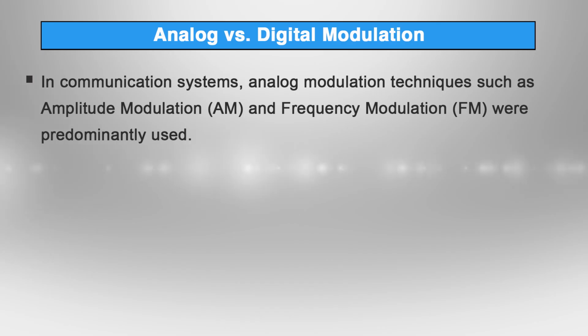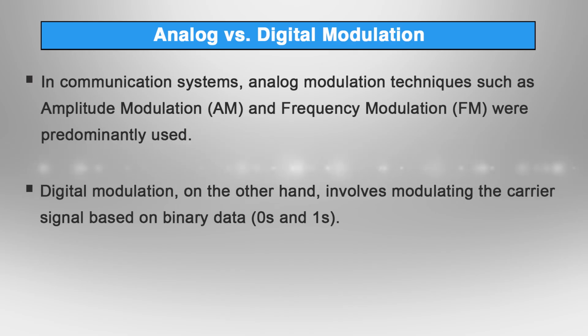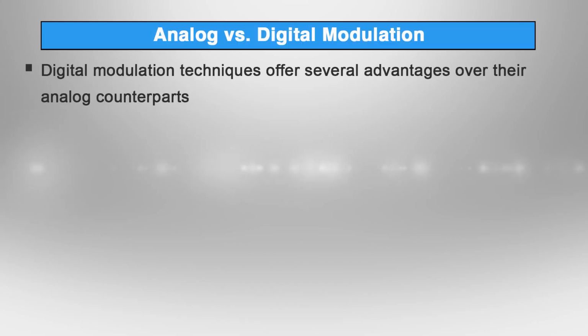While analog modulation was effective for its time, it has limitations in terms of noise resistance, bandwidth efficiency and data integrity. Digital modulation on the other hand involves modulating the carrier signal based on binary data, that is zeros and ones. Digital modulation techniques offer several advantages over their analog counterparts.